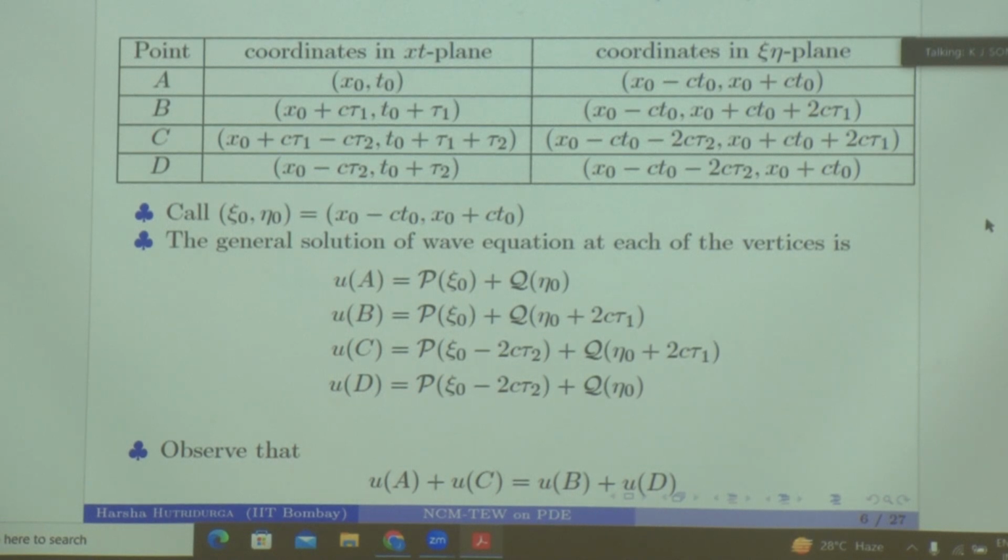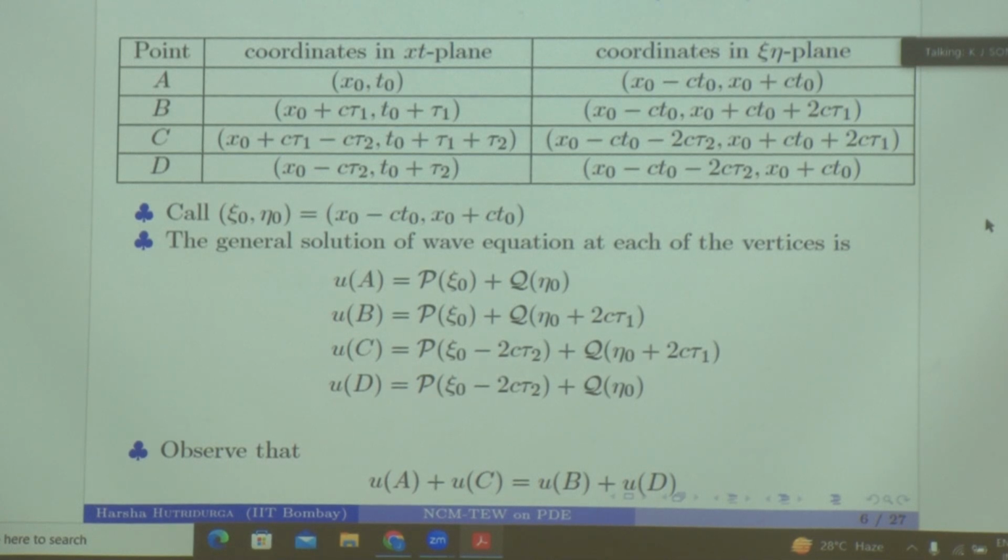You write down any characteristic parallelogram associated with that wave equation. The value of the solution at the two opposite vertices, when you sum them, they are the same. Their sums are equal. So this is known as the parallelogram identity.